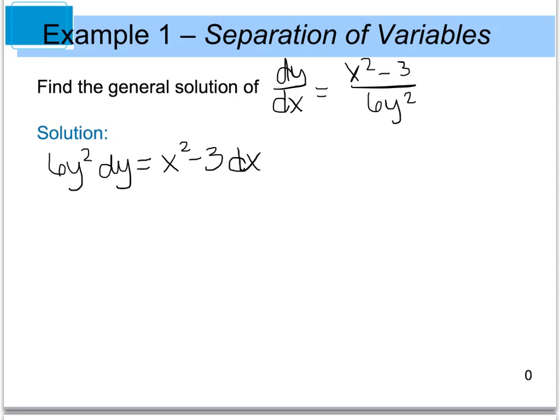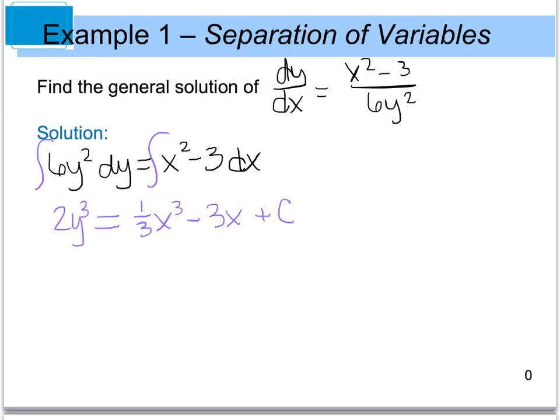Now in order to finish solving this, we're going to integrate both sides. When we integrate, the integral of 6y squared gives us 2y cubed equals, and the integral of x squared minus 3 gives us 1/3 x cubed minus 3x plus some arbitrary value c.